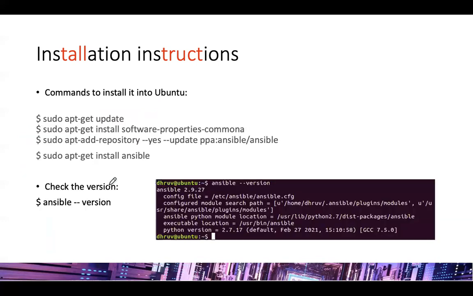Similarly, you can install Ansible on an Ubuntu system as well. This is what I'm using currently in my lab. You just need to run this set of commands. The Ansible version, again, can be verified using ansible --version. Currently in my lab, I'm using version 2.9.27.